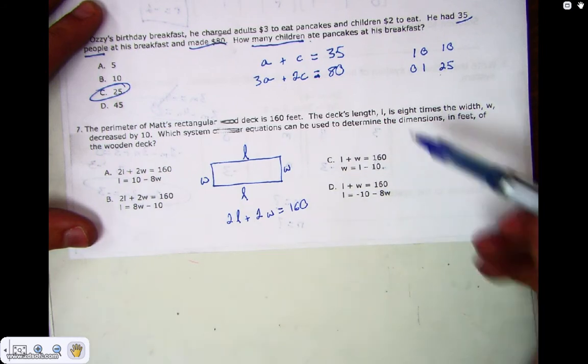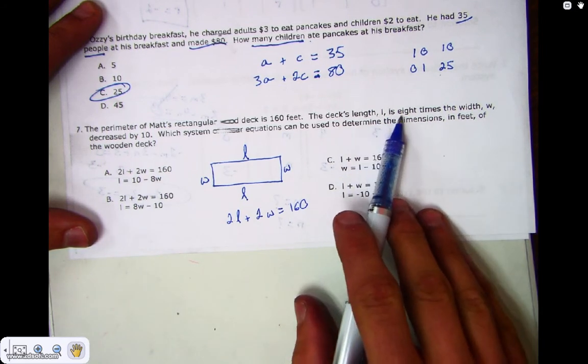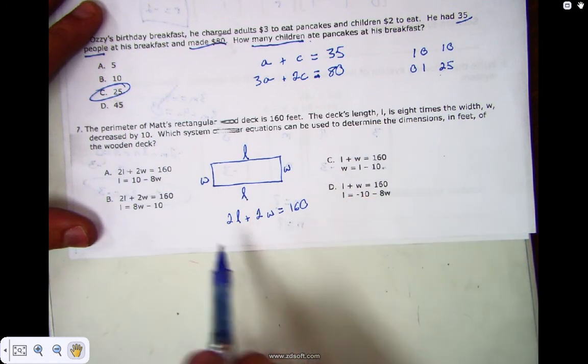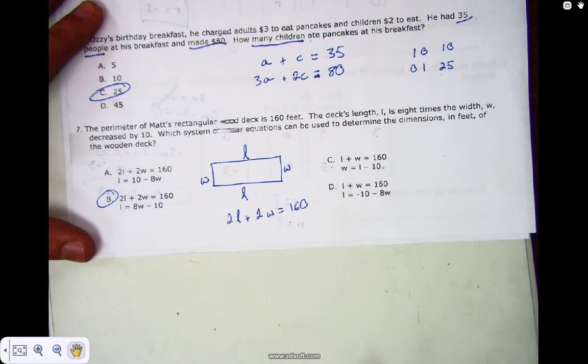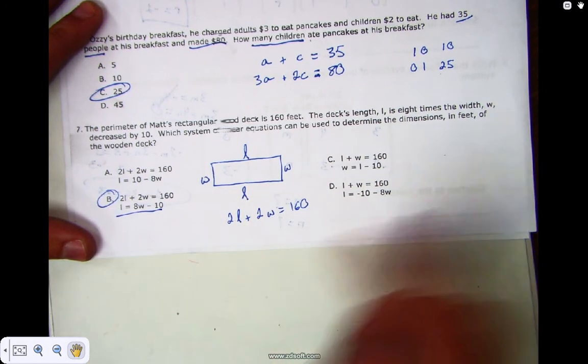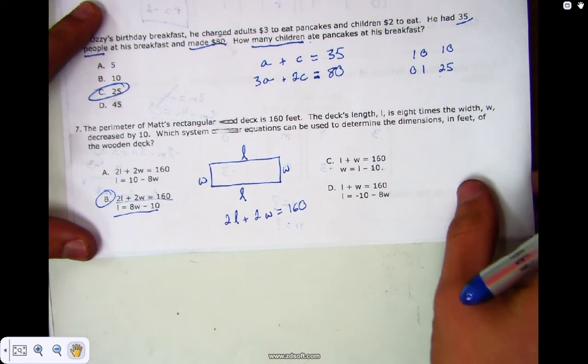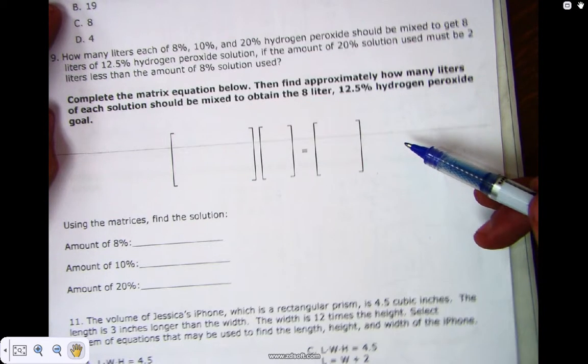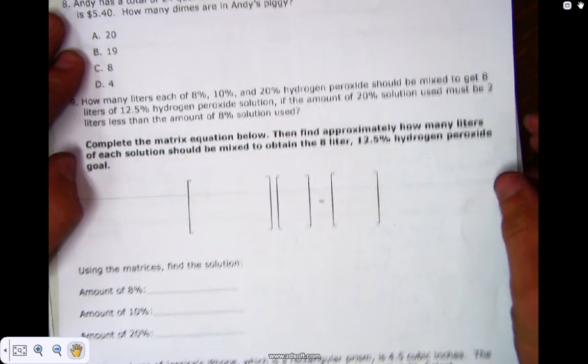You can see right here it says the deck's length L is 8 times the width decreased by 10, so L equals 8W minus 10. Then we have 2L plus 2W equals 160. I think I went over this exact problem on a different worksheet, so I'm not going to spend time doing it now.